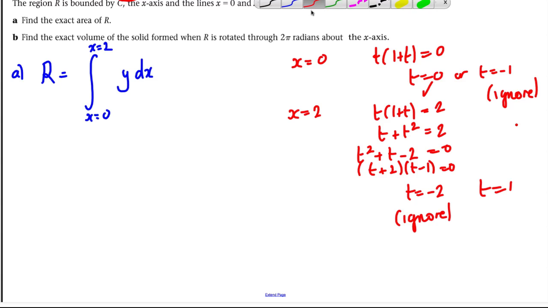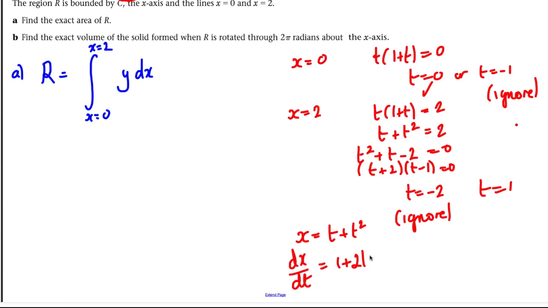So, the last thing we're going to do, we want a dx by dt here. So we know that x is equal to t plus t squared, so dx by dt is going to be 1 plus 2t. Okay, so let's have a go at writing this. This is therefore the integral. When x is 0, t is 0, so it's going to be from t is 0.